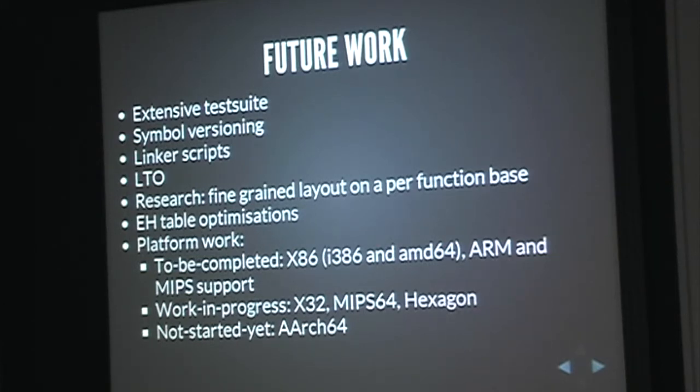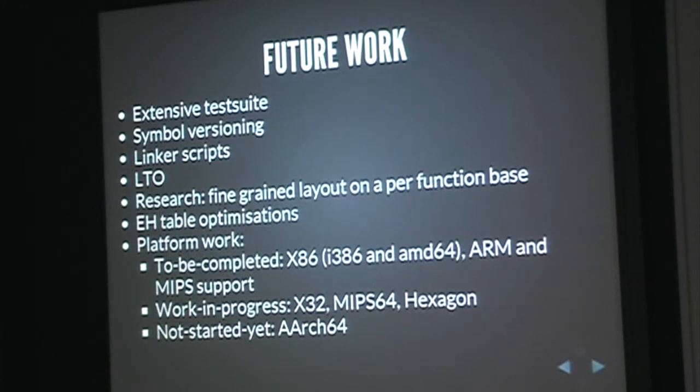Symbol versioning is currently missing. This doesn't matter that much for NetBSD because the only library that actually uses symbol versioning is libgcc. I think it's going to be much more critical for FreeBSD.